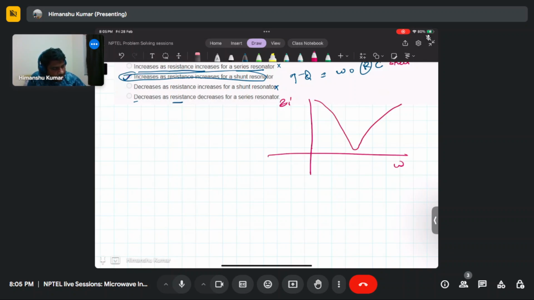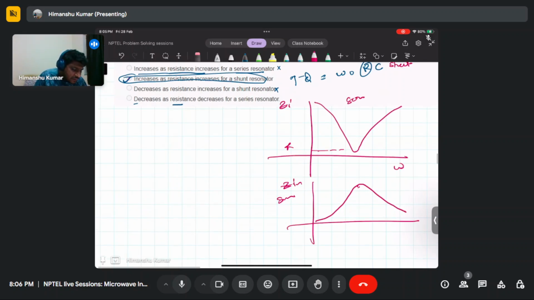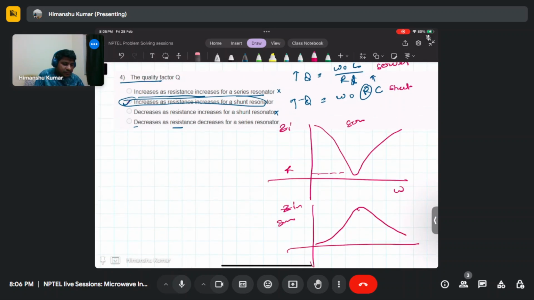At omega naught it will equal R. For a shunt, R is maximum, so it will be like this. So this is Z in for shunt, and this is Z in for series. I think I am correct.